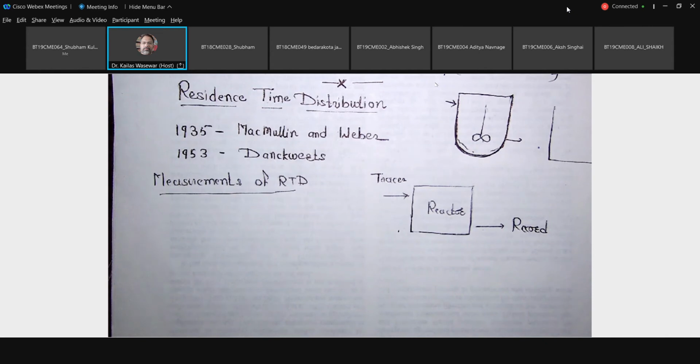Based on that, we decide whether there is a non-ideality. When you perform the residence time distribution, you will find certain parameters, say the dispersion number. If your dispersion number is 0 or almost 0, then definitely it is close to a plug flow reactor. We'll see that in the next 2-3 chapters about dispersion.